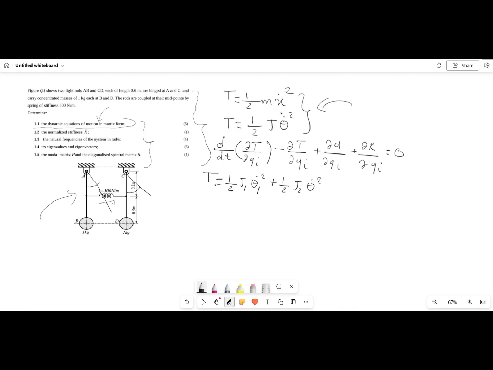So the next thing is potential energy. Remember, potential energy U is equal to half k x squared. What displacement are they talking about? I'll explain.